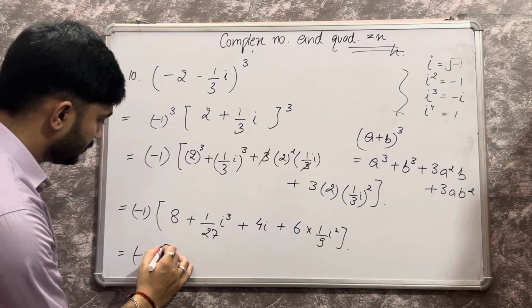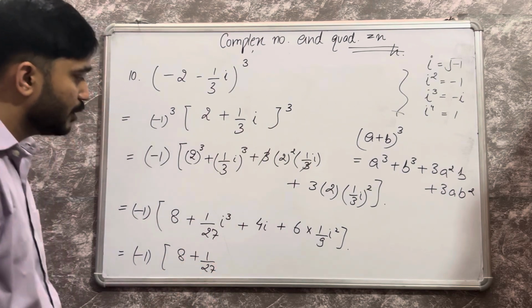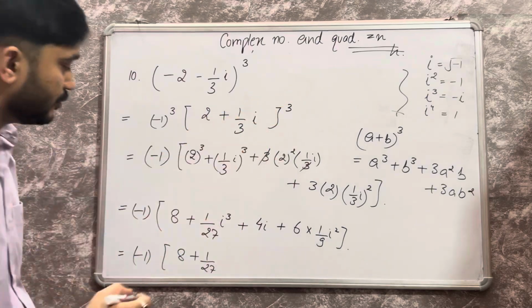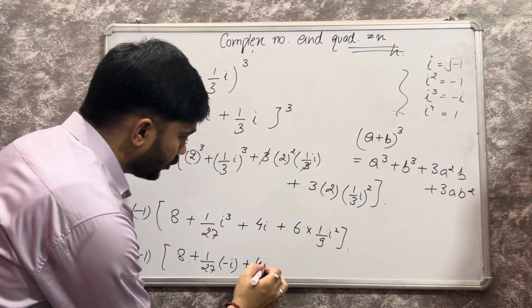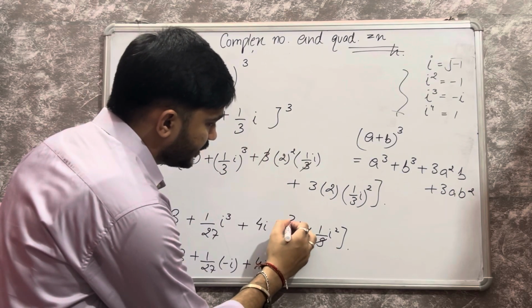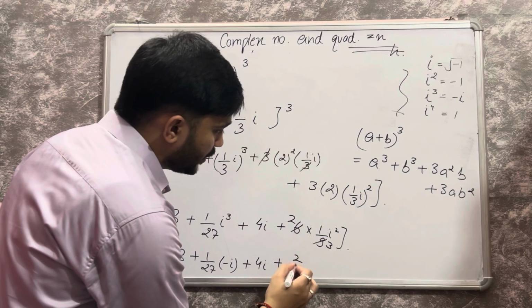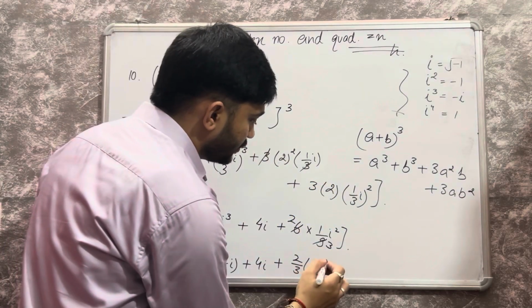Minus 1, 8 plus 1 upon 27. Put the value of iota cube, that is equal to minus iota here, plus 4 iota, plus we can cancel out, 3 2s are 6, 3 3s are 9, 2 by 3. Put the value of iota square here, that is minus 1.